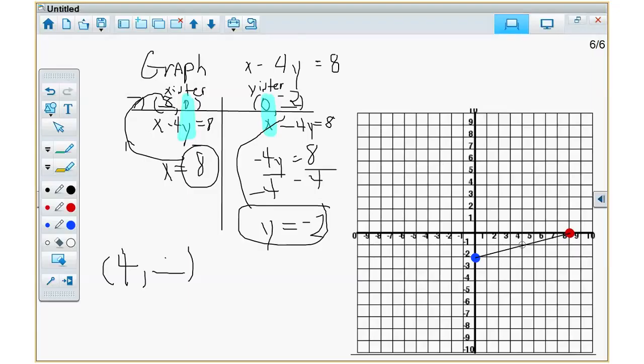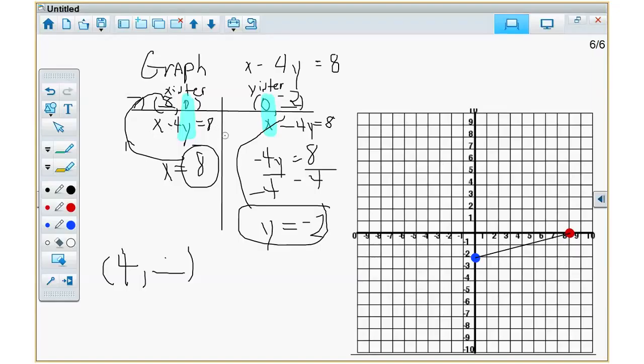So let's see. Plug it in. 4 minus 4y is equal to 8. So what do you do with 4? If it's in the x position, how do you get rid of a positive 4? Subtract it on both sides. Subtract 8.